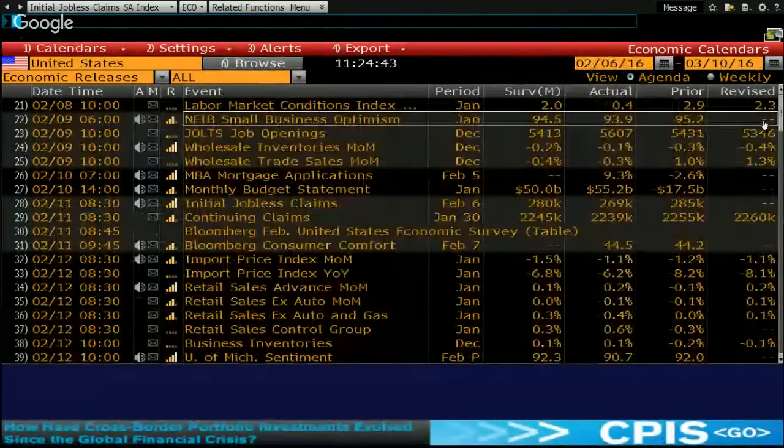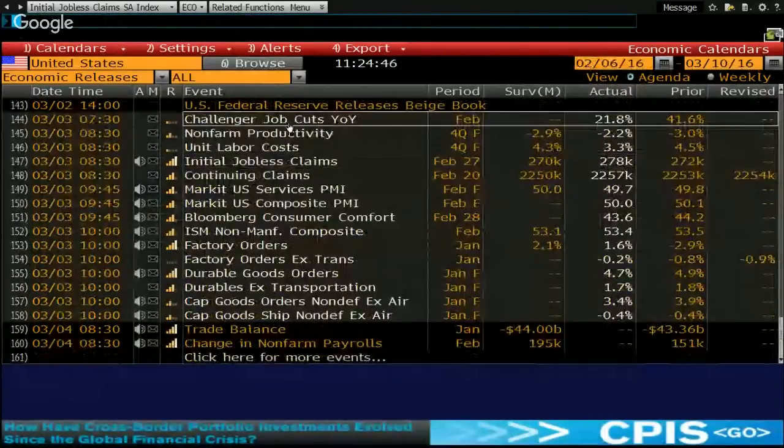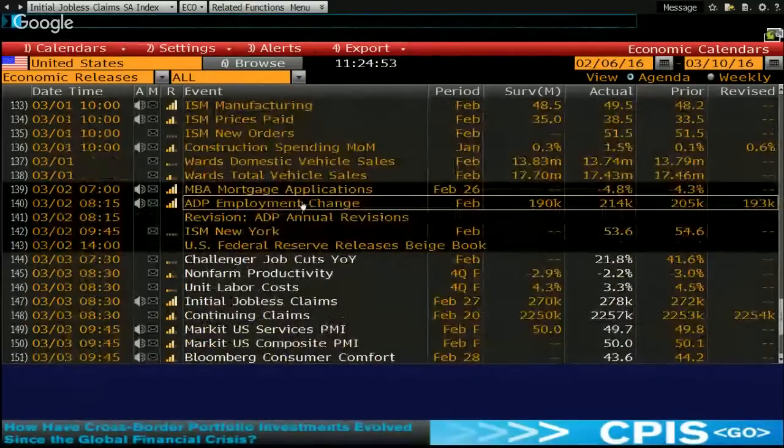We had the ADP number. We had Challenger job cuts released this morning that saw fewer job cuts, which is good news. Yesterday we had the ADP employment change, which also saw an improvement, which is good news. So far we have 4 items pointing to stronger payrolls and 1 pointing to weaker payrolls.